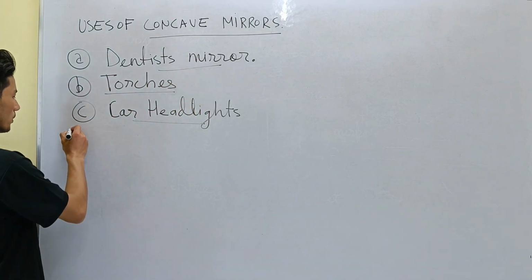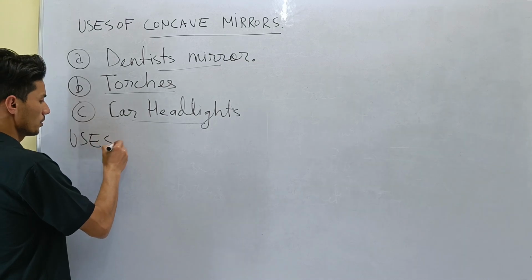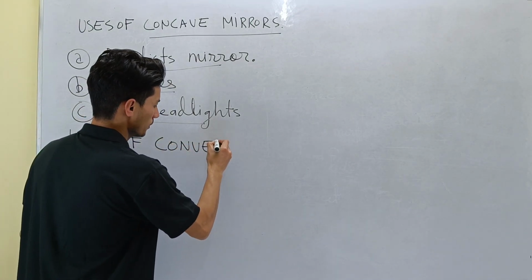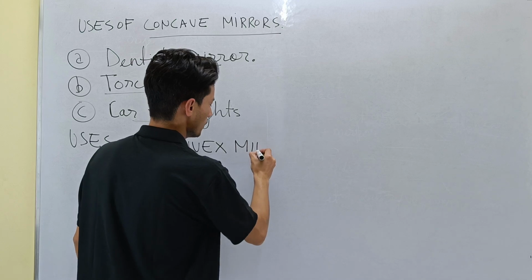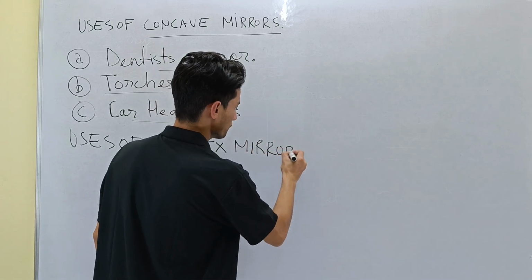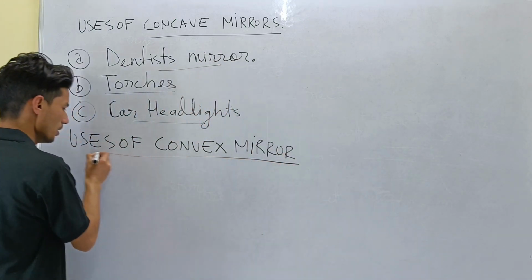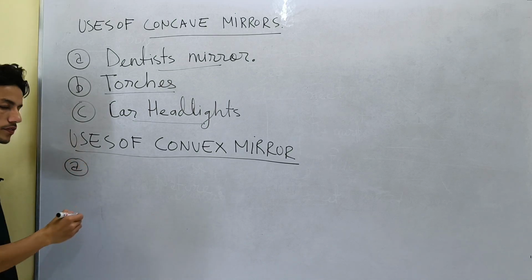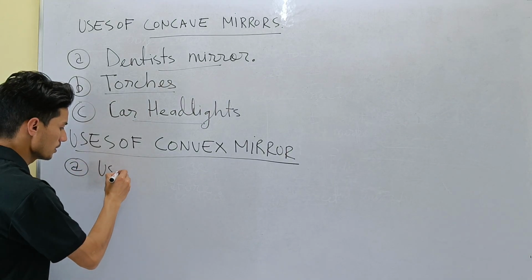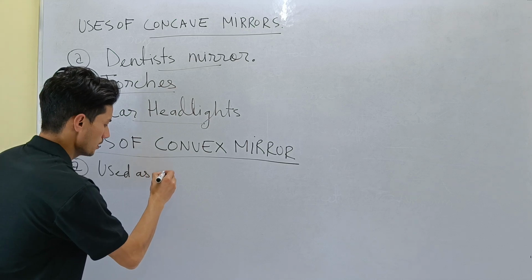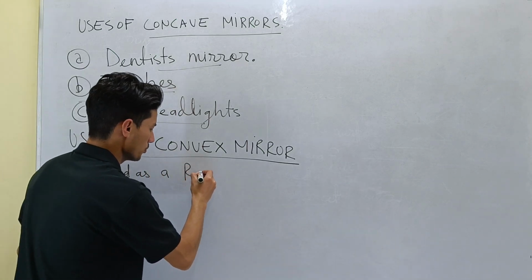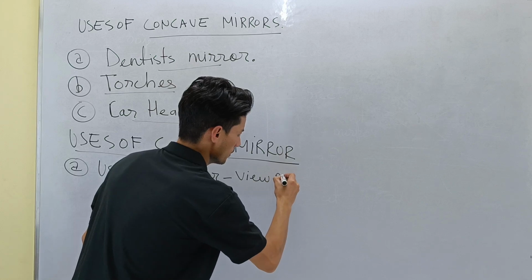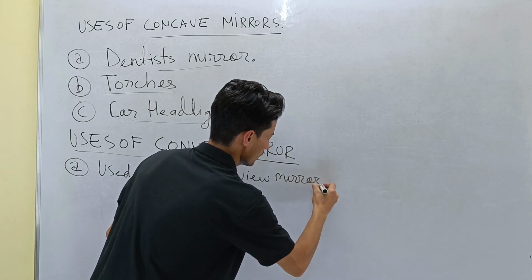Now let's go to the next one, uses of convex mirror. Number A, a very important use of convex mirror: it is used as a rear view mirror.